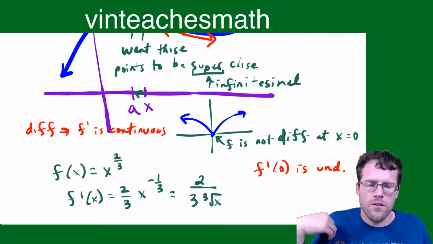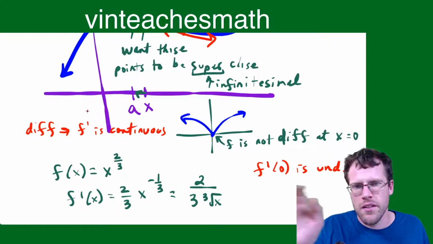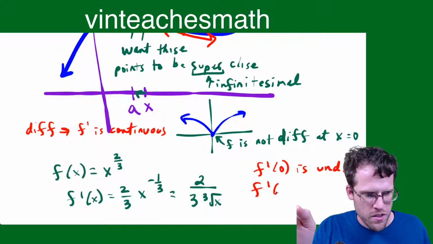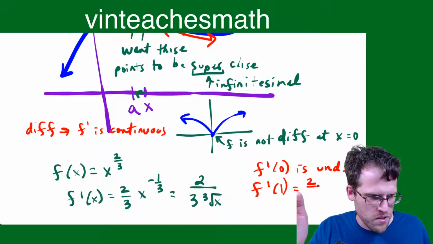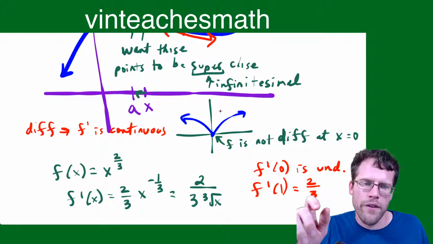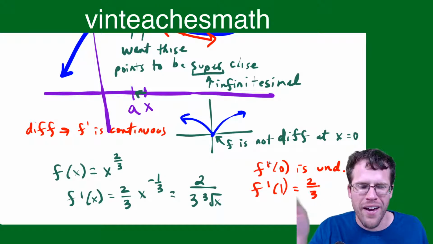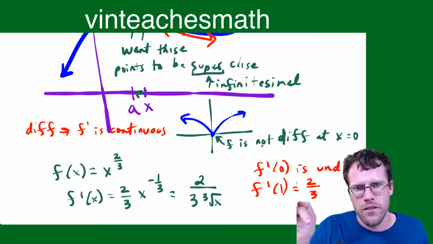I also think of differentiability as where you are allowed to take the derivative. So if I wanted f prime of 1, f prime of 1 would just be 2/3. So f is differentiable at x equals 1, and the value of the derivative at x equals 1 is 2/3. But at 0, the derivative is undefined.